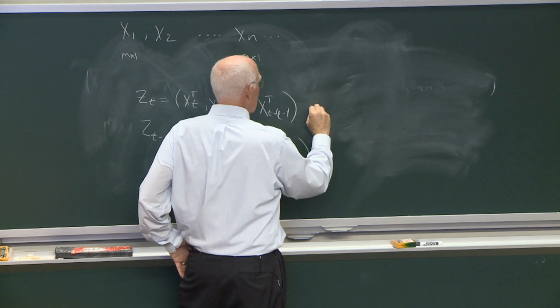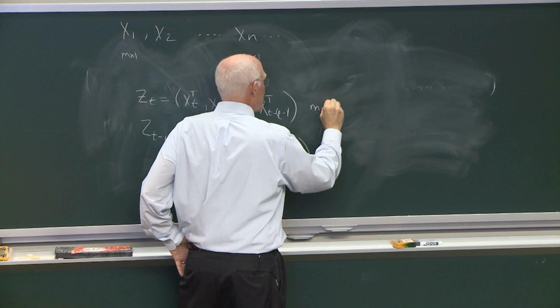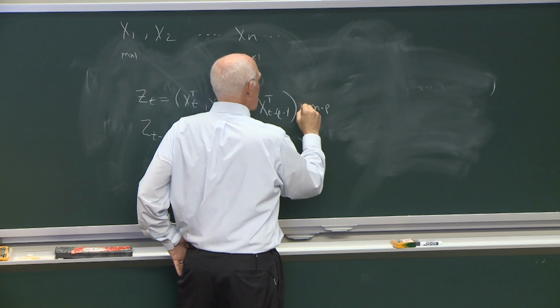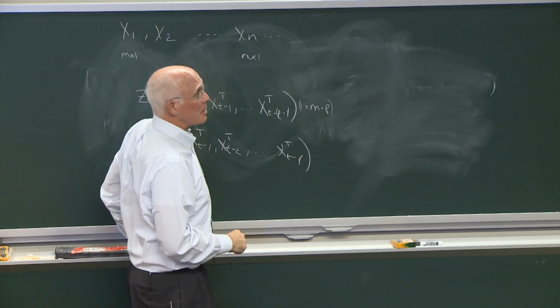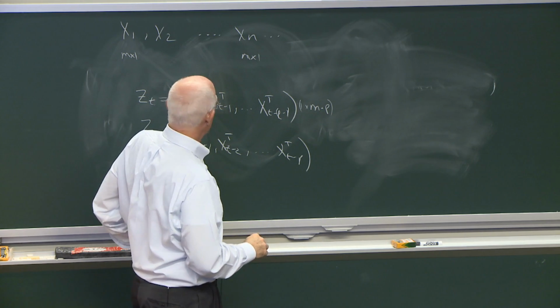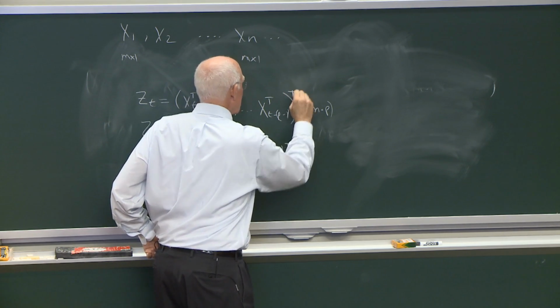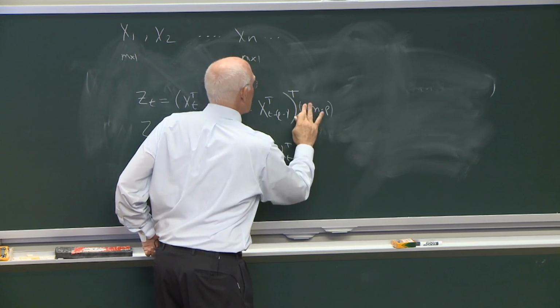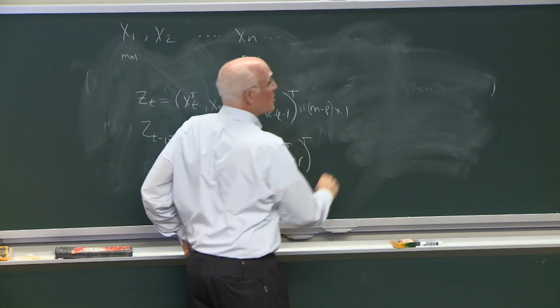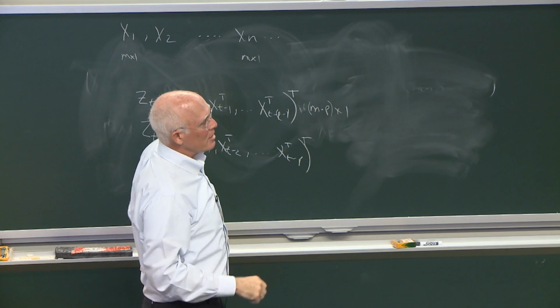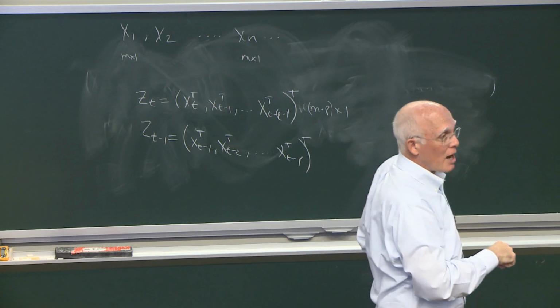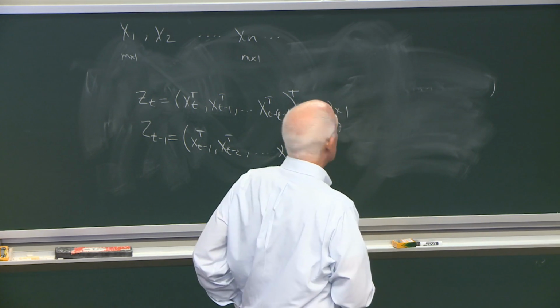So what we've done is we're considering Zt. This is going to be m times p. It's actually 1 by m times p in this notation. Well, actually, I should put a transpose here, so it's m times p by 1. In the lecture notes it is primed to indicate the transpose.